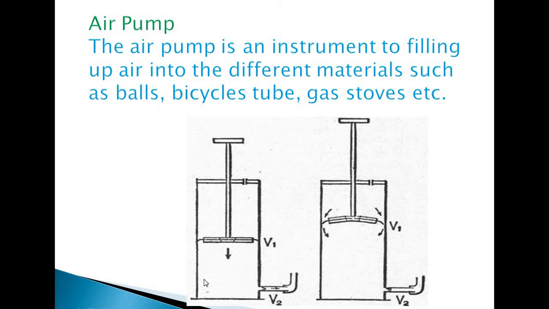There is also another valve which is connected with the piston, and that valve is called a washer or rubber washer. This washer is made of leather or rubber, and the piston is surrounded by that washer.